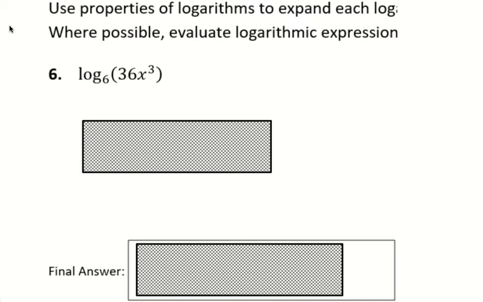So you have to know about the product rule. For some reason I feel like writing these down. The product rule. You have to know about the quotient rule. And you also have to know about the power rule.